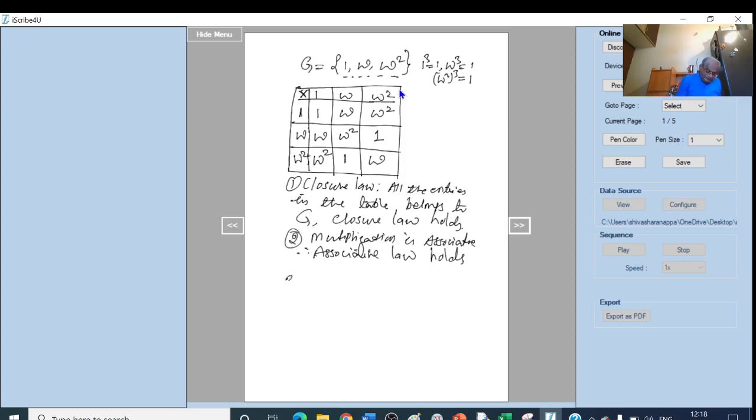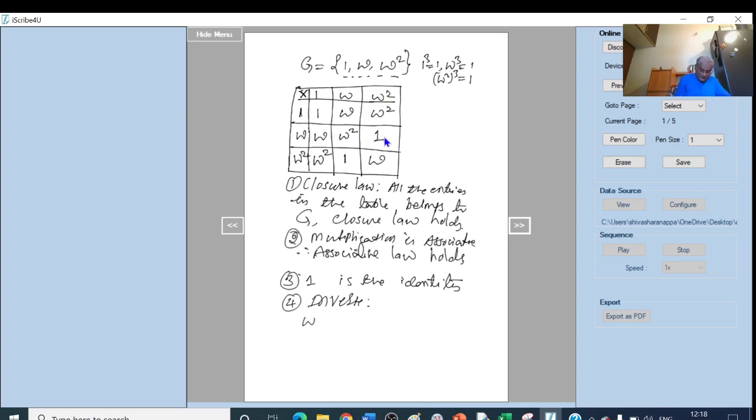Next, third one. See, directly we can say 1 is the identity element because this row is the same as the header row, and to the left we have 1 here. Directly we can write 1 is the identity. So identity axiom is satisfied. Then for the fourth one, inverse of omega is omega square.